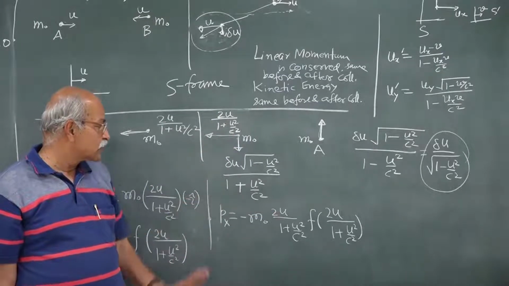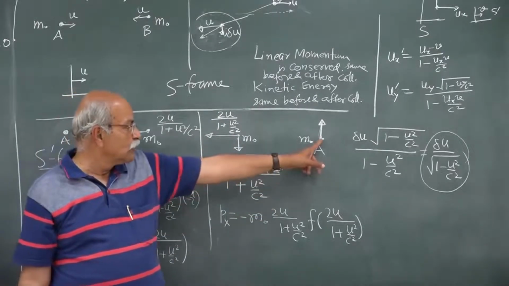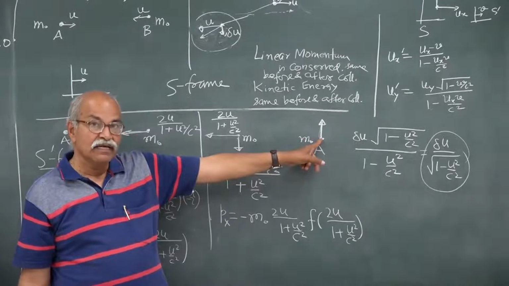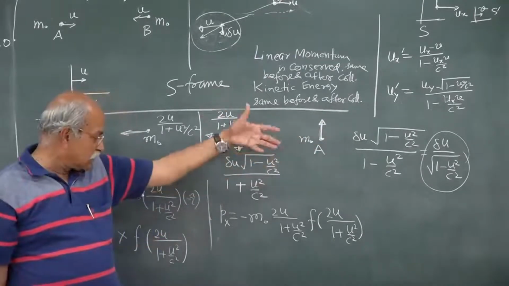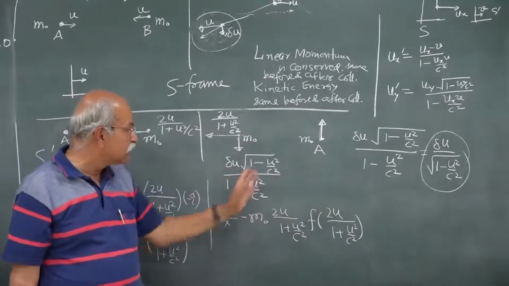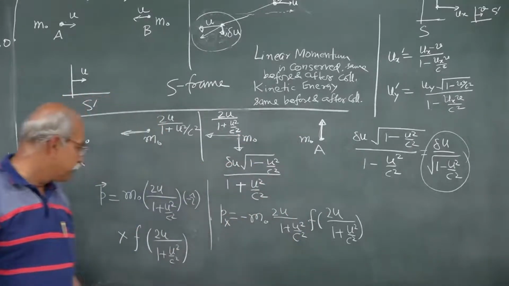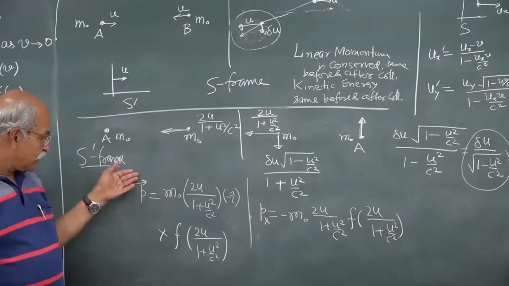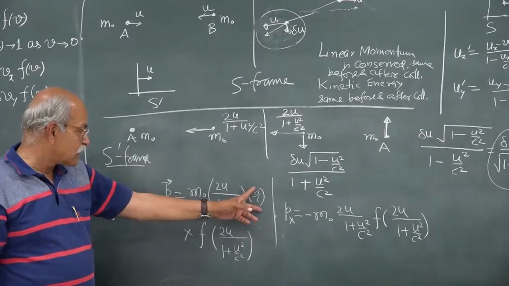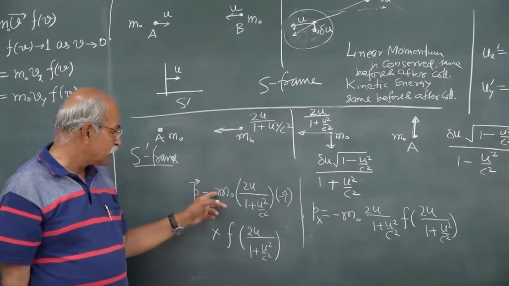So this is px, and there is no linear momentum in the x direction from here, because this is going in the y direction only. This linear momentum here is this, after the collision it is this, and before the collision, if you take the x component, it is this minus i cap, so I will just put a minus here.